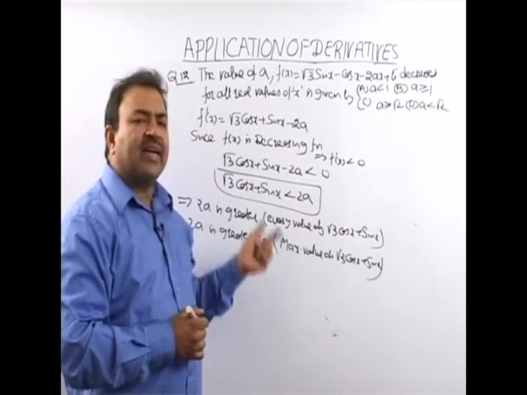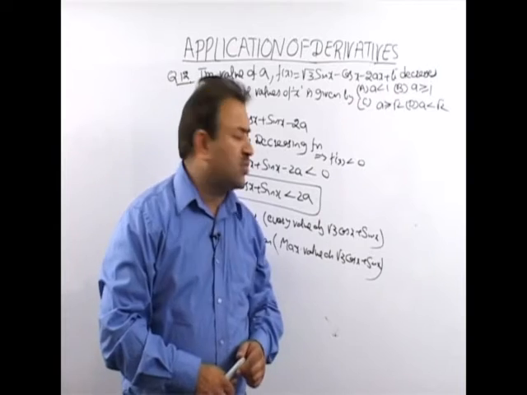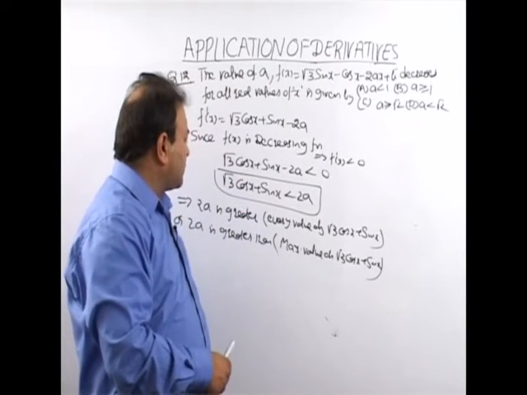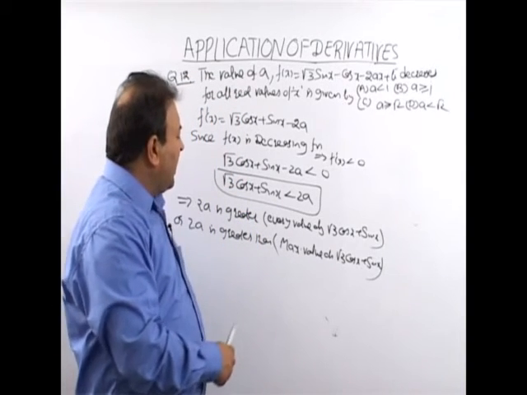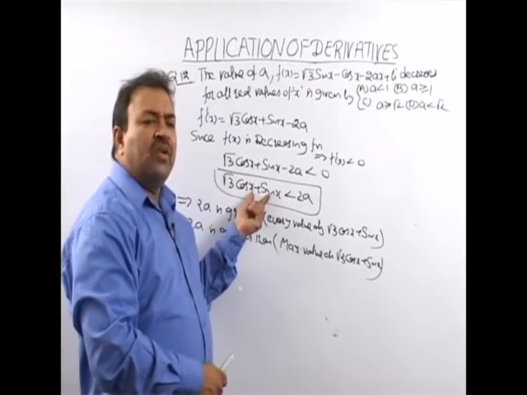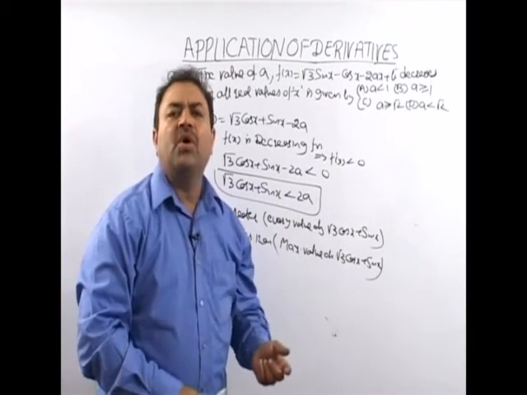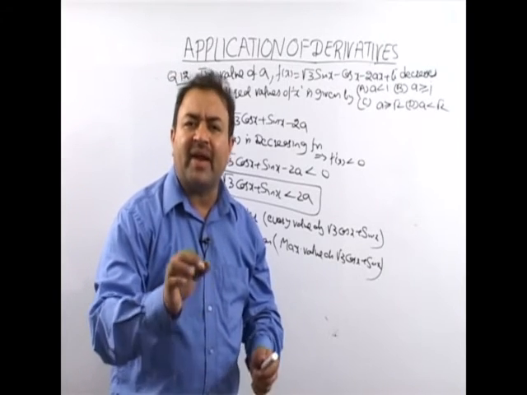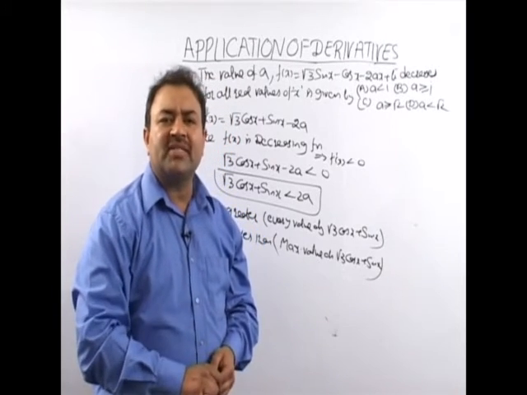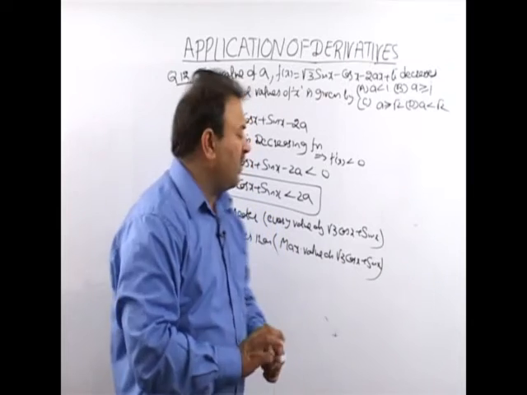We take up the extreme case, 2a is greater than every value of root 3 cos x plus sin x. मैं इसकी मैक्सिमम वैल्यू ले लेता हूं. जब ये 2a will be greater than its maximum value, वहां से हमें a की राइट वैल्यू आ जाएगी. a कहां से कहां तक लाई करता है उसकी एक्चुअल वैल्यू आ जाएगी.